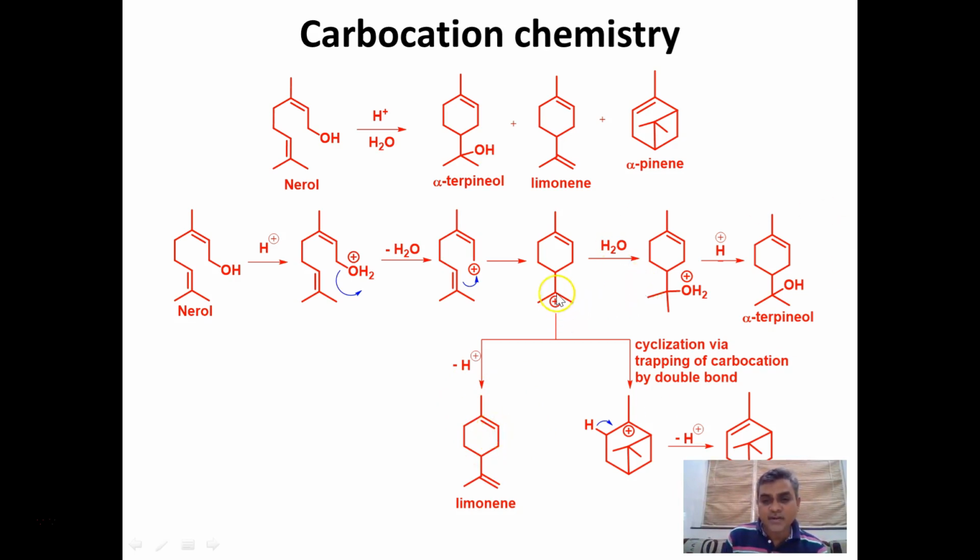Alternatively, this carbocation can be trapped by an internal nucleophile like a double bond, and we get a bicyclic structure, and here removal of a proton can occur and we get alpha pinene. Similarly, from this intermediate we can get beta pinene, but it is not shown in this slide. This mechanism of conversion of nerol to alpha terpineol, limonene and alpha pinene will be useful in understanding the biosynthesis of the terpenoids, and therefore it is necessary that one must learn it very well.